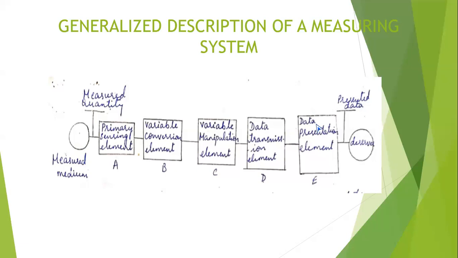Here, the data presentation element presents the weight of the sugar in kgs. Say, for example, you need 3 kgs, which shows 2.80 or 3.10, which shows the output in kgs.